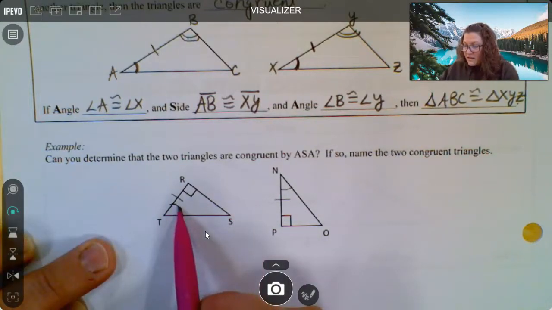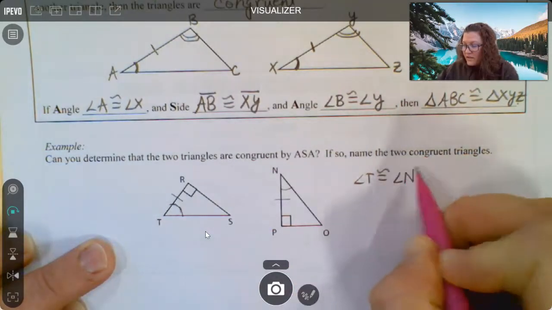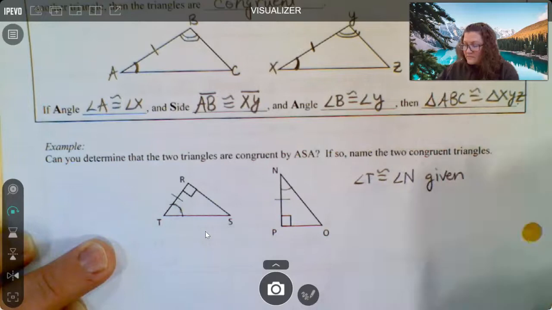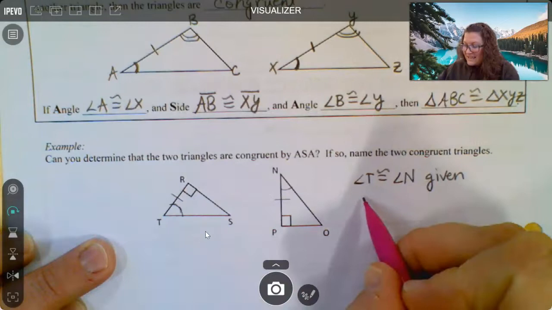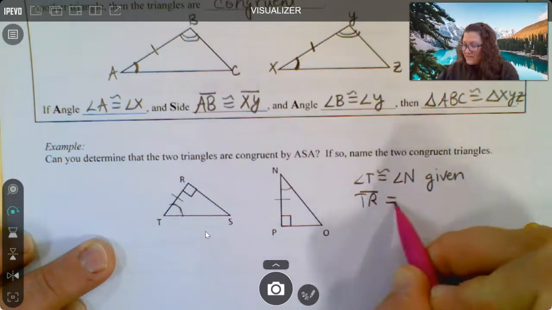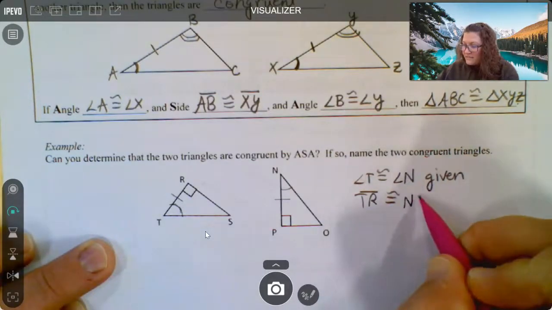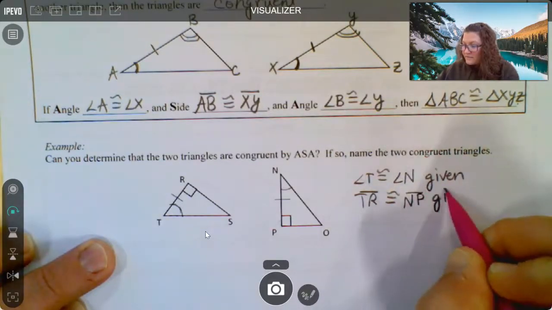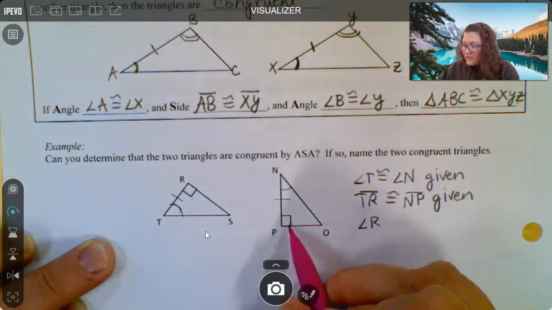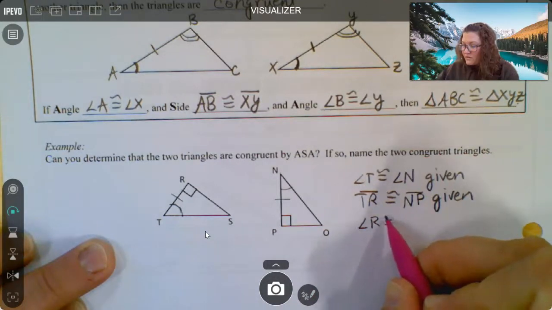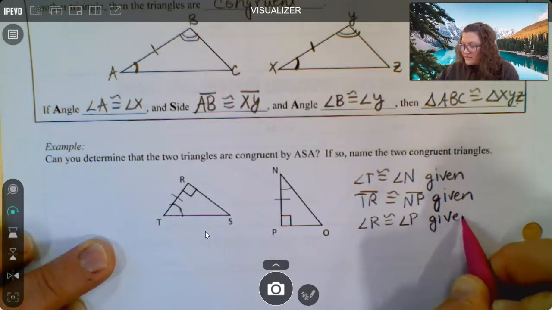So we can see that angle T is marked congruent to angle N, so that is given. Then we can see that side TR is marked congruent with side NP, and that's given. And then lastly, we can see that angle R and angle P are both marked as right angles, so they are congruent, and that is given.